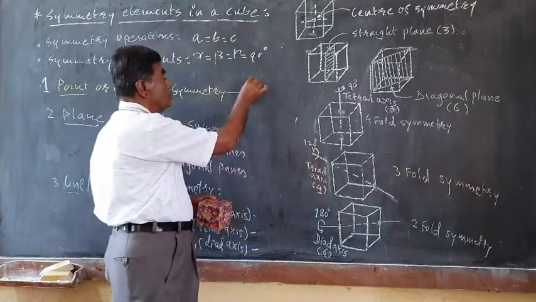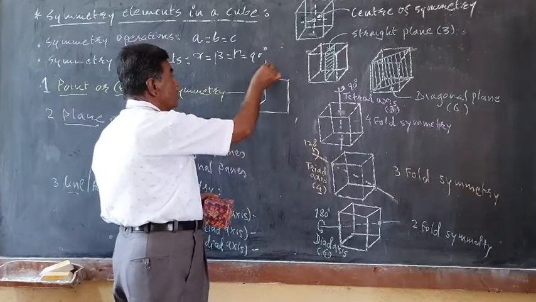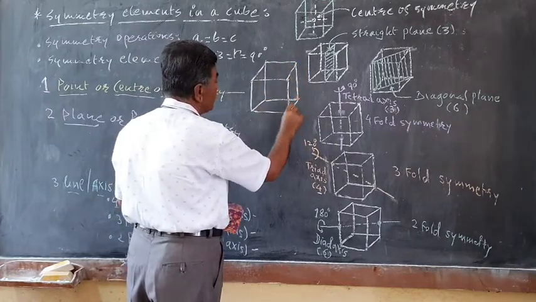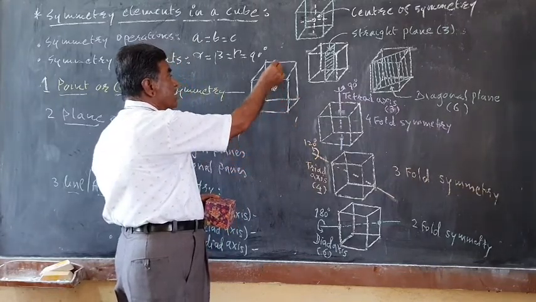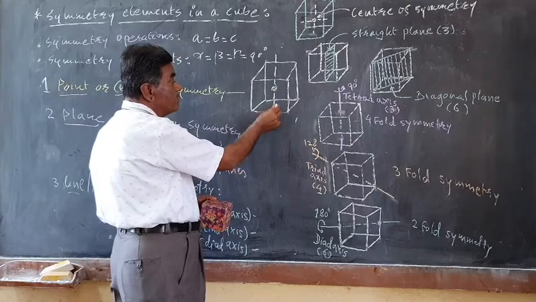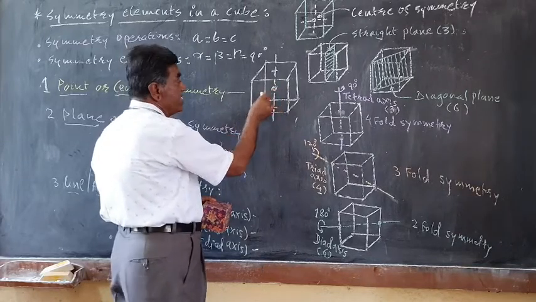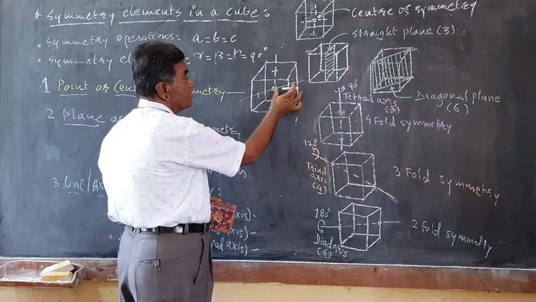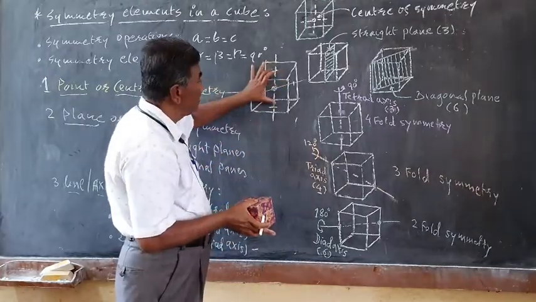If we draw the cube like this, the center of symmetry means a point in the crystal such that any line drawn through it meets the surface of the crystal at equal distances.